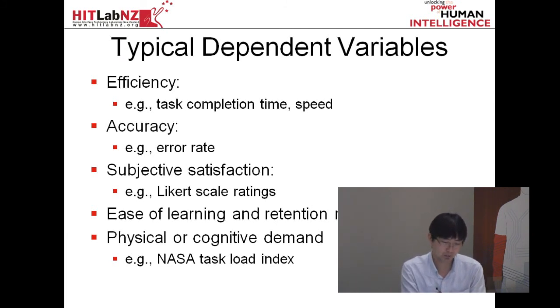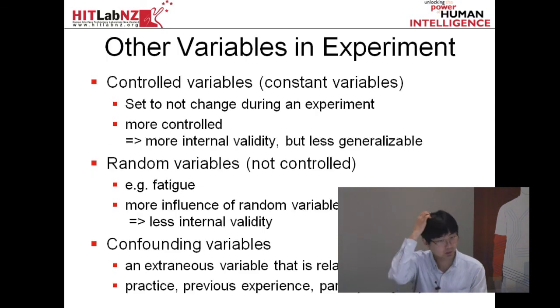So that's dependent variables. Other things you can think of are physical or cognitive loads, such as how stressful the interface was while they were using it in terms of physical ability or cognitive load. And we talked about some questionnaires that can measure this, such as NASA TLX, when we were talking about questionnaires.